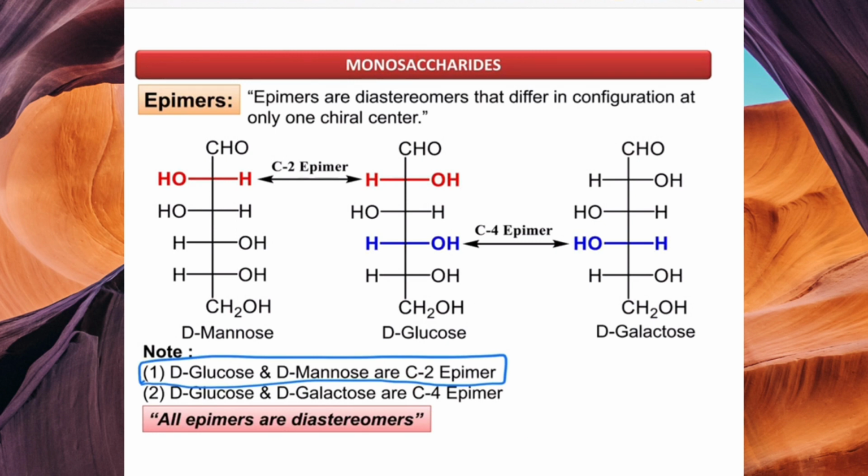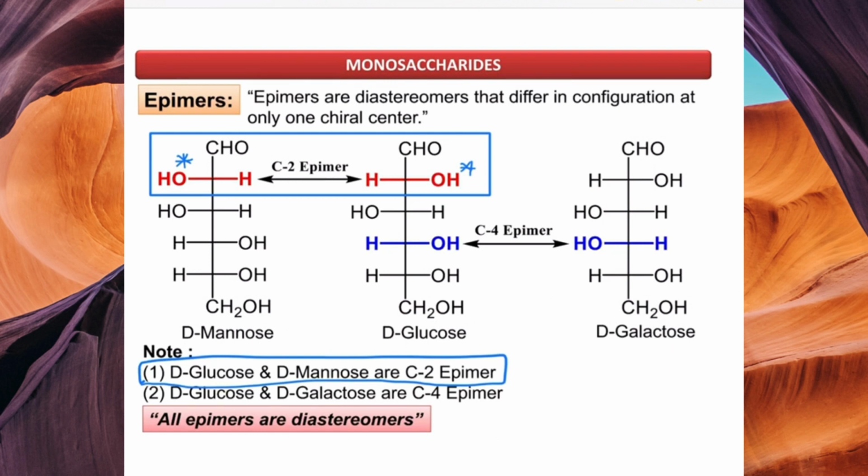The difference is only at the C2 carbon. In glucose, the OH group is on the right hand side, while in mannose, the OH group is on the left hand side.